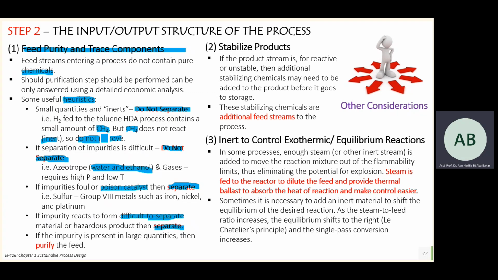So that kind of inert or impurity should be separated in the beginning. Okay, then if the impurity is present in large quantities, then you should purify the feed. Should separate.